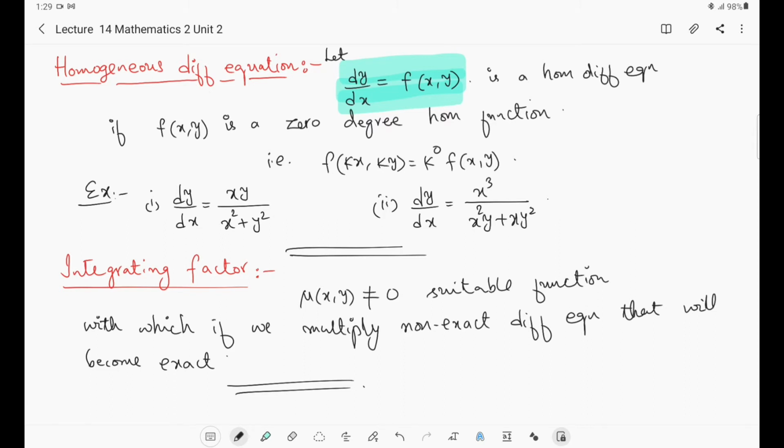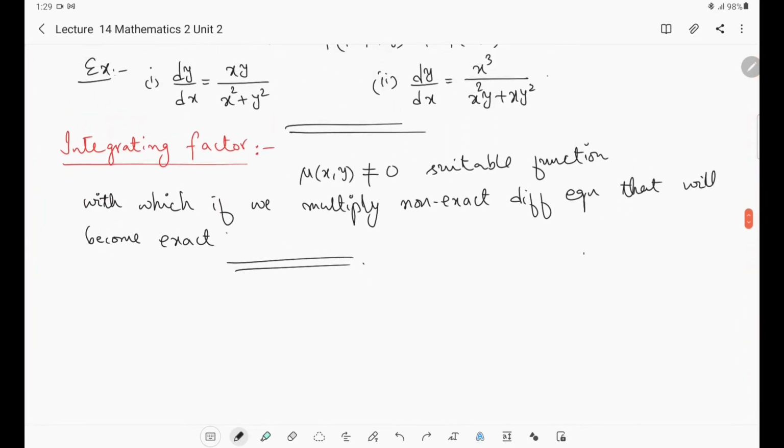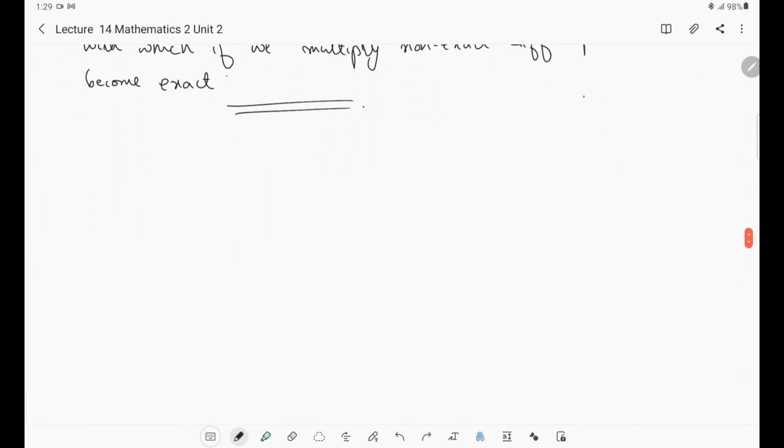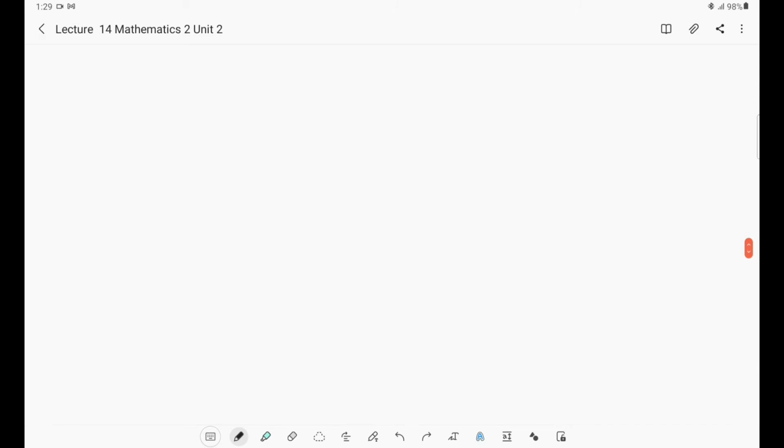Let us discuss how to solve homogeneous differential equations, finding the integrating factor for them. Now we are going to discuss method 2. Method 1 was the inspection method.